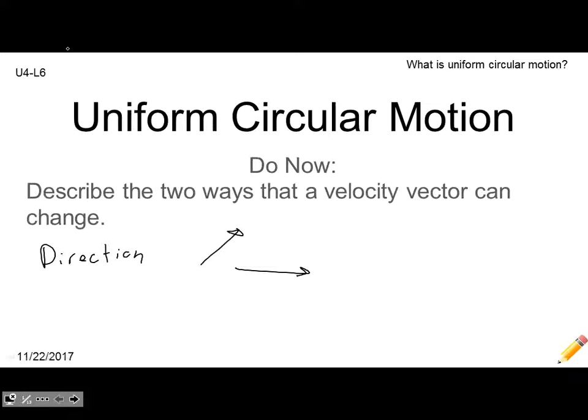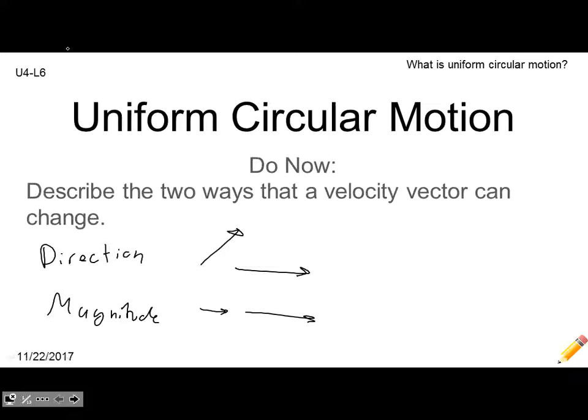Yeah, the length. We could make it longer or shorter. And what is that called, the length of a vector? The magnitude. So I could take the magnitude, let's say the vector started off this long, and then I could make it longer or I could make it shorter.